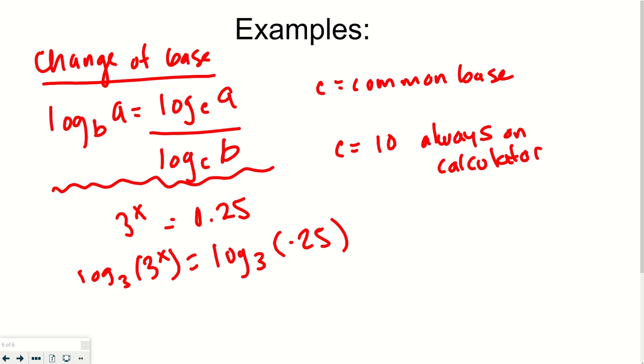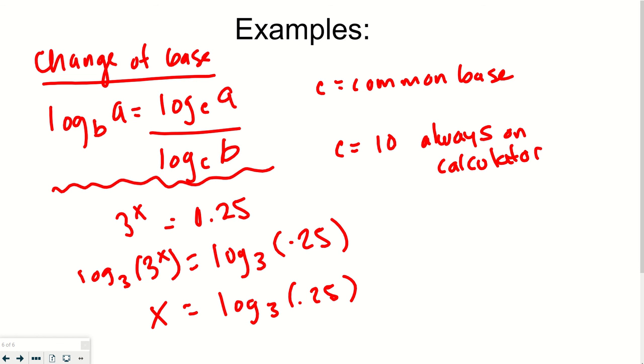Okay, so now this has a power, so just like the logarithmic rule, the exponent is going to come out, and log base 3 is the inverse, so they cancel and just become 1. So now I just have x. So now I have x equals log base 3 of 0.25.